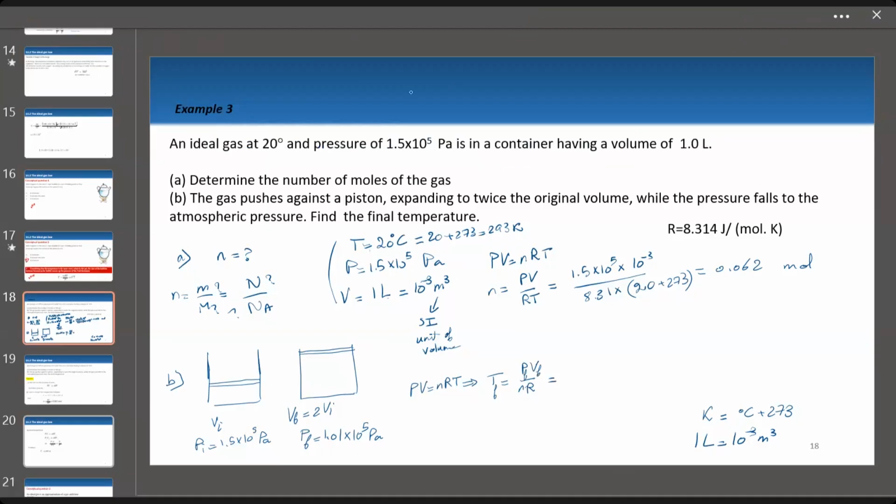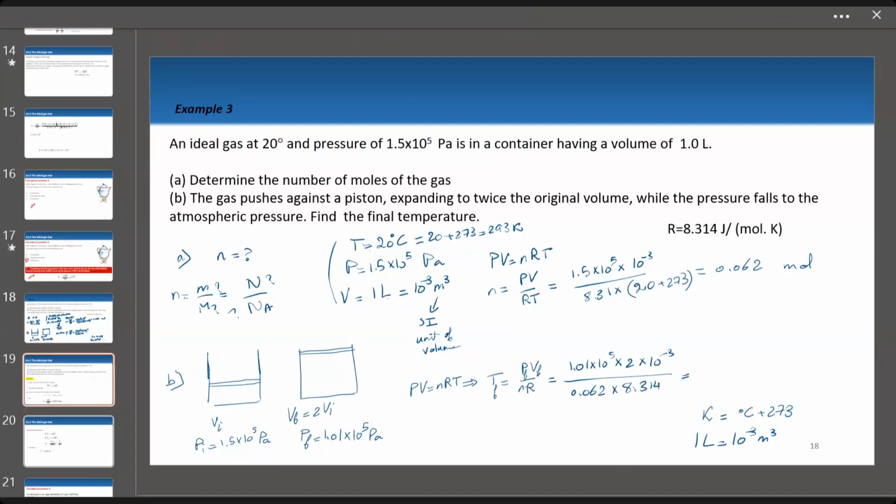Also substitute P final, which is over here. It's given to me. V final, which is twice V initial. And V initial was 1 liter or 10 power minus 3 meters cubed. And I'll divide that by the number of moles, which we just found in the previous part to be 0.062, and R, which is given 8.314.